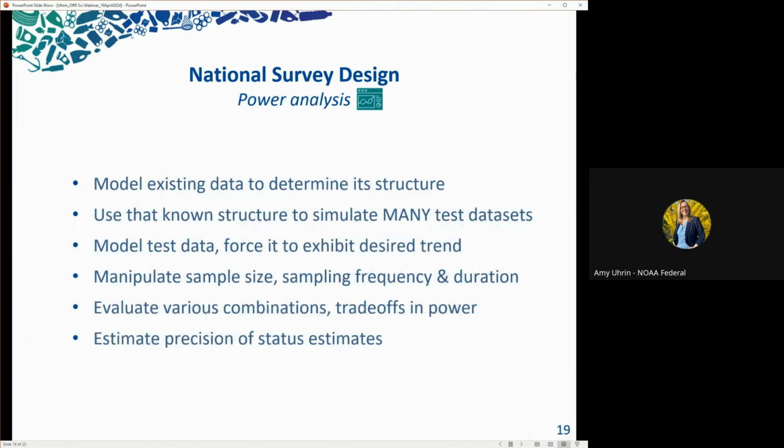What's super ironic about power analysis is that you actually need data to do the power analysis. So it's a bit of like chicken and egg. You need to have some data about your population of interest, in this case, marine debris, to perform a power analysis.